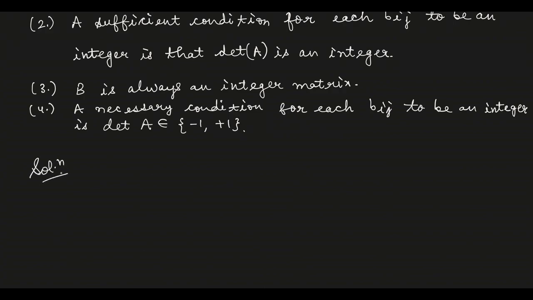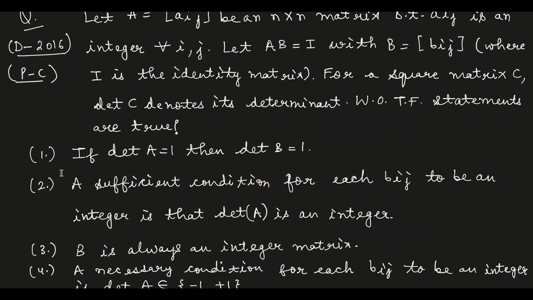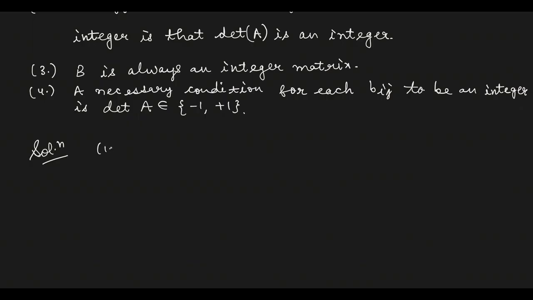In the first option, it is saying that determinant of A is 1 implies determinant of B is 1. AB is equal to identity was given. So as AB is equal to identity, I can apply determinant on both sides.